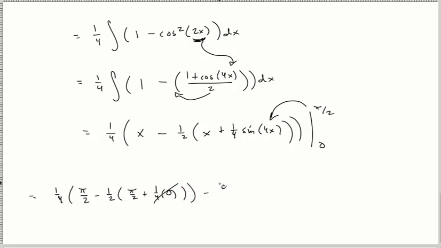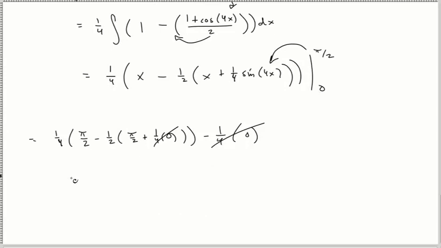Minus 1/4. And if you plug a 0 in all these places, it'll also yield a 0. Everything here is 0, so that goes away. So you're just left with this stuff here. I got pi over 8 minus, and notice that this is pi over 4, and then another 4 makes pi over 16. So I get just pi over 16. Yeah, that's my answer. Cool.